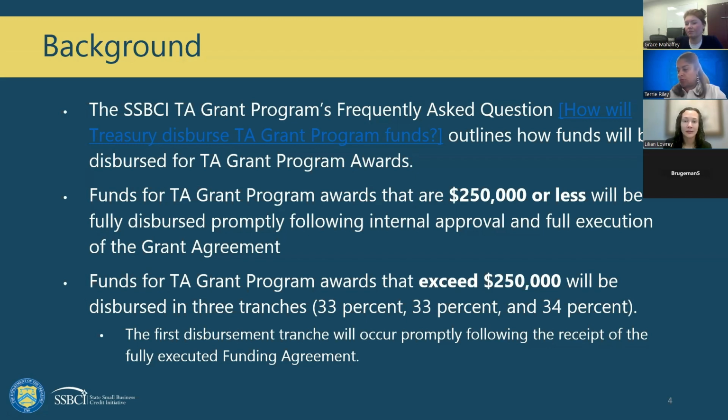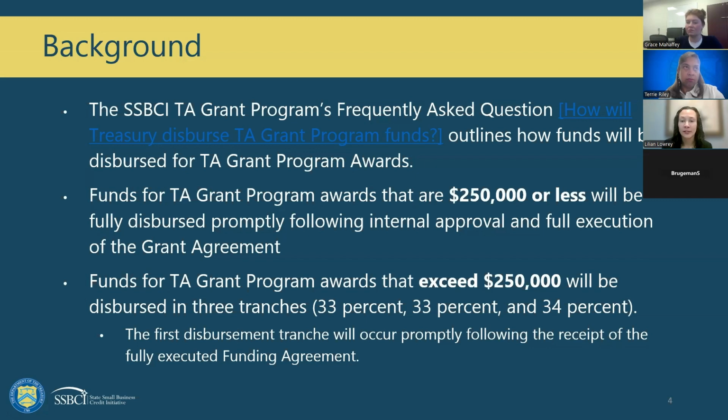If it is over $250,000, they are distributed in three tranches of 33%, 33%, and then the remaining 34%. We try to round those numbers. So if you see that something's a little off, it's going to be by less than $1.